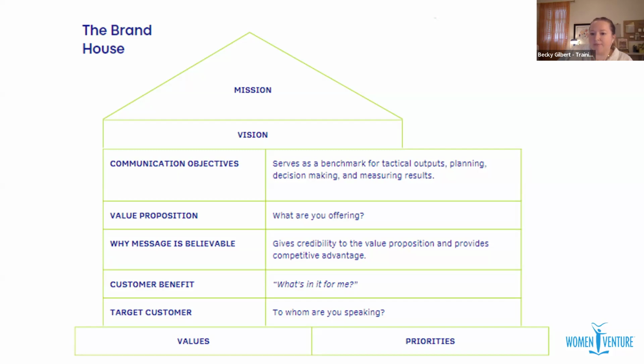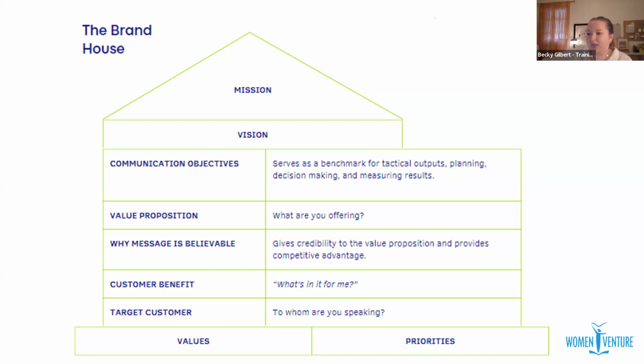This supports the roof. It's part of the roof, and it serves as a constant informant of your mission. My next slide defines these two because I think they get muddled a lot. But really, your mission is what you want to do, and your vision is where you want to go. That's the easiest way to break it down.